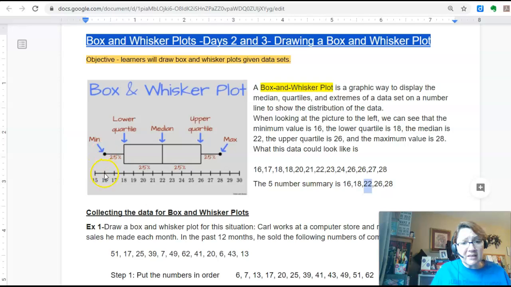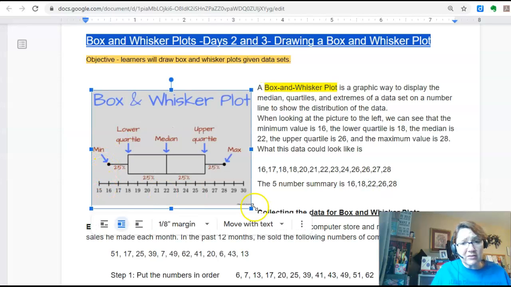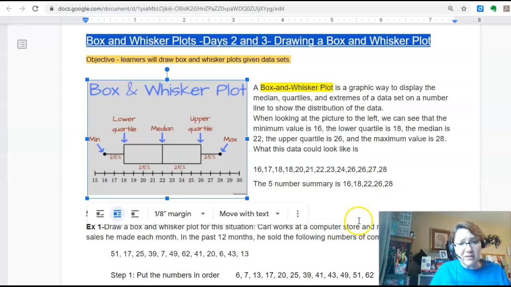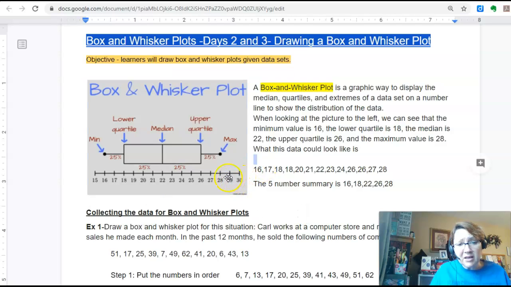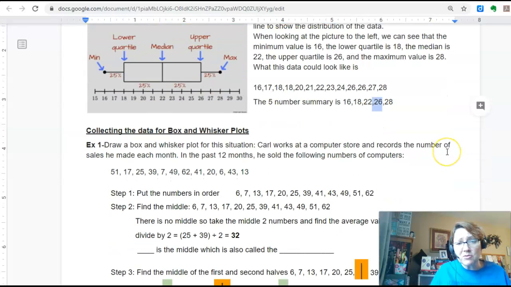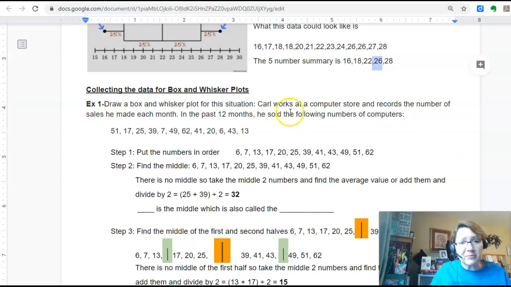Notice that the 16 is the first little whisker that's out there. Notice that 28 is the maximum, right? And that's the highest value. And then you will see the middle of the first half, which is 18, which is right here. And then you see the middle of the second half, which is 26. So that gives you some information on that.